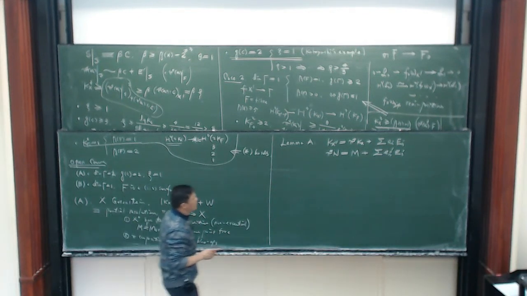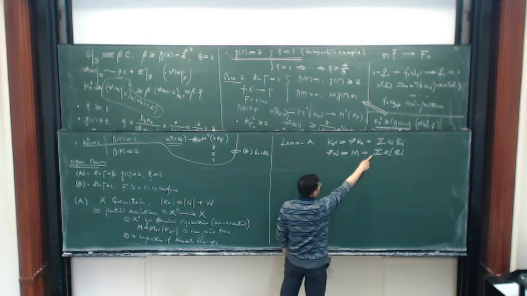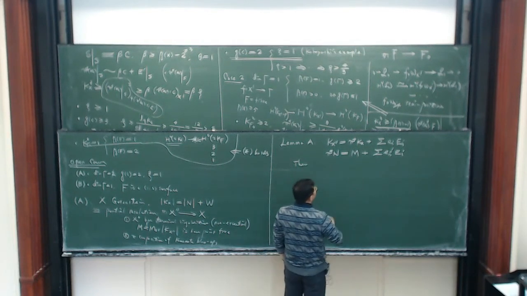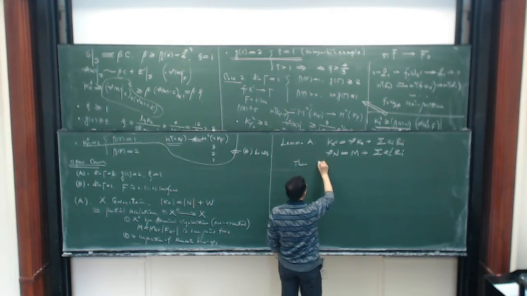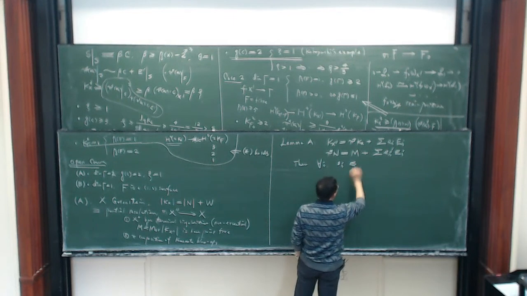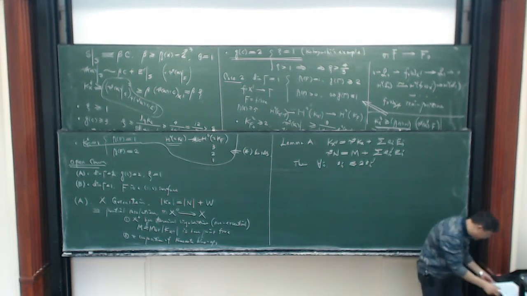So the main result is that what we need is, for each i, E_i is smaller than 2 E_i prime. So this is what I need.